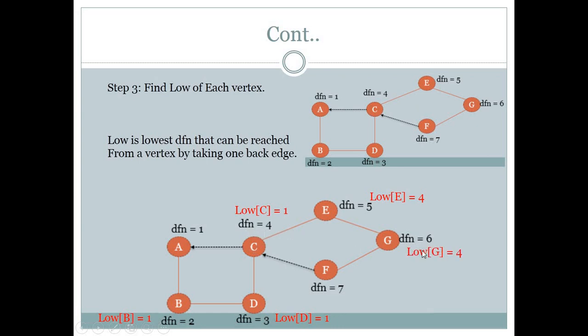So low of G will become 4. For F, there is a back edge to C, DFN of C is 4, so low of F will become 4. So this is the identification of low of every vertex.